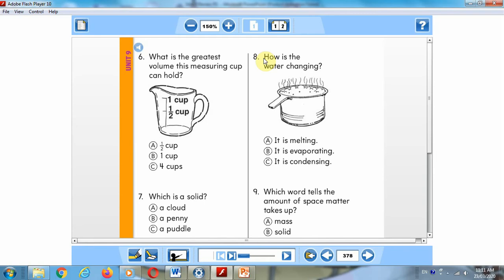Number 8. How is the water changing? When the water starts to boil, the liquid water will change into water vapor. When the matter changed from liquid to gas, this process or this change is called, is it melting, evaporating, or condensing?